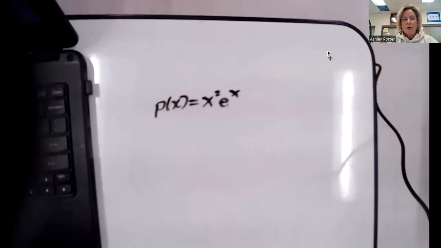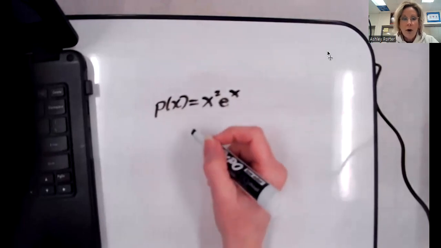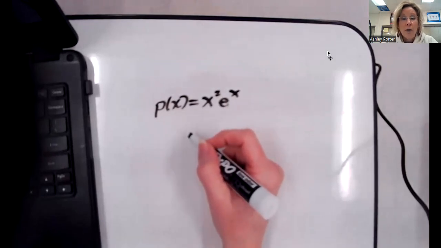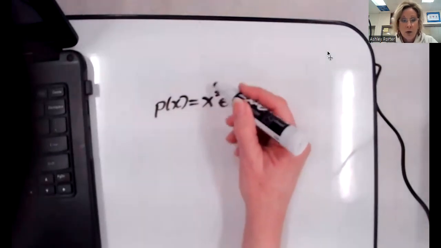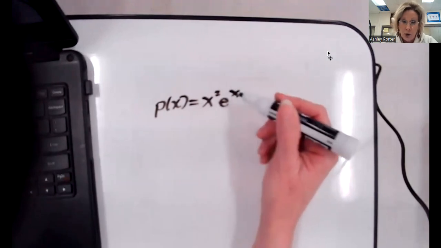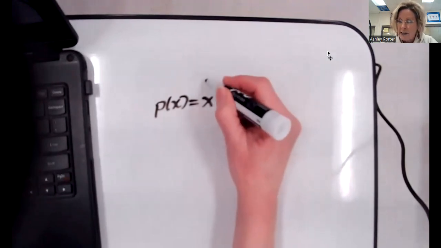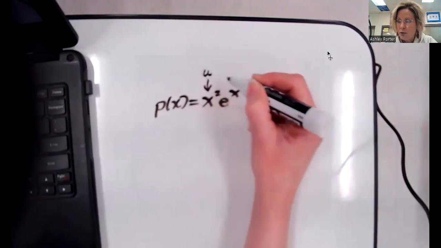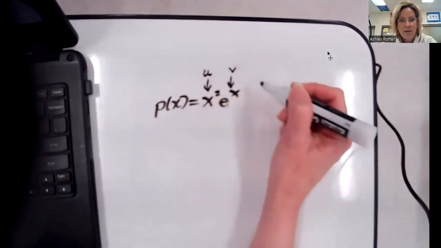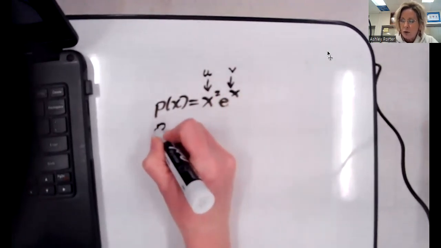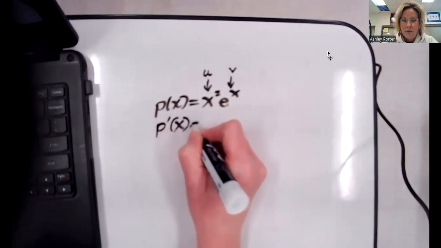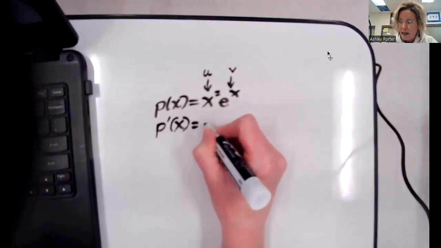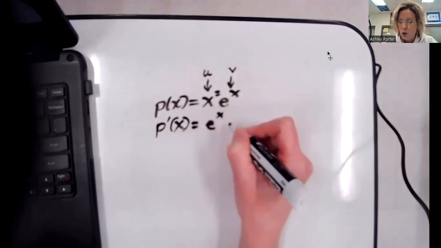All right, for our first problem, we are going to find the derivative of the product of y equals x squared and y equals e to the x, two different functions. I could say then that x squared is my u function, e to the x is my v function. So to find p prime of x, I'm going to say v du.